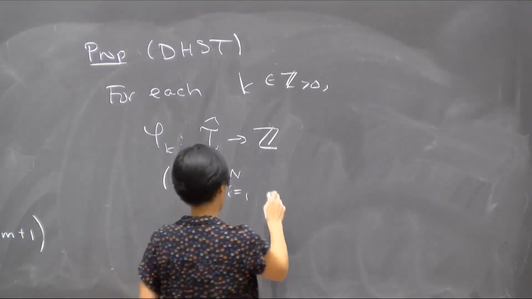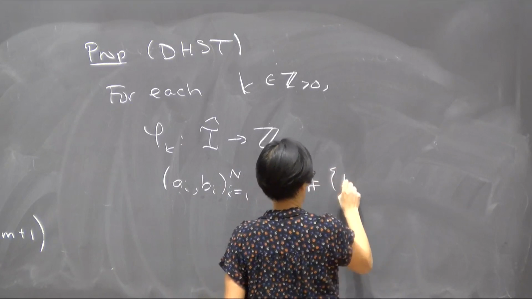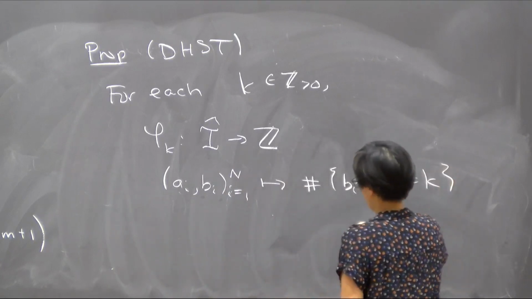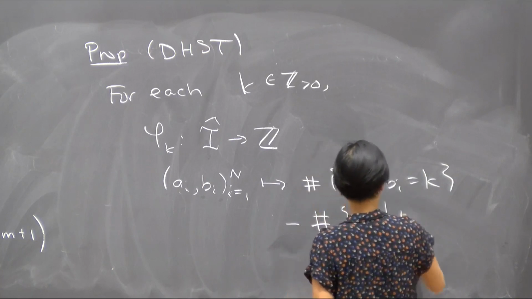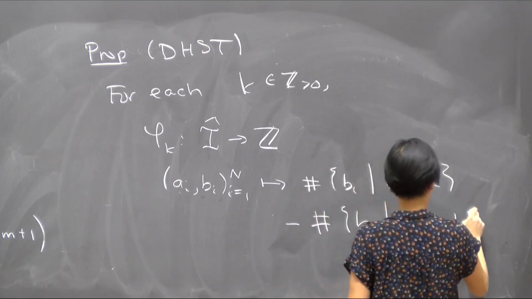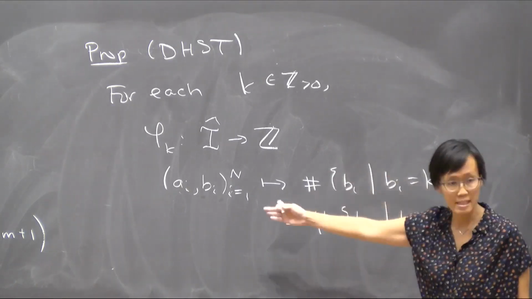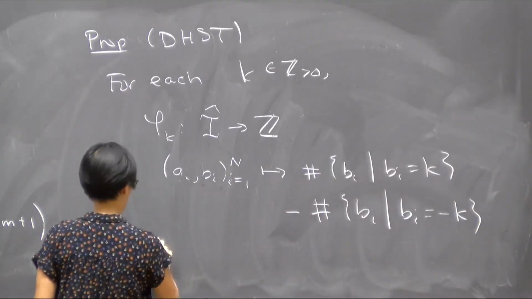So this is equal to the number of bi's where bi is equal to k, minus the number of bi's where bi is equal to minus k. And so the result is that this is a homomorphism for each k.